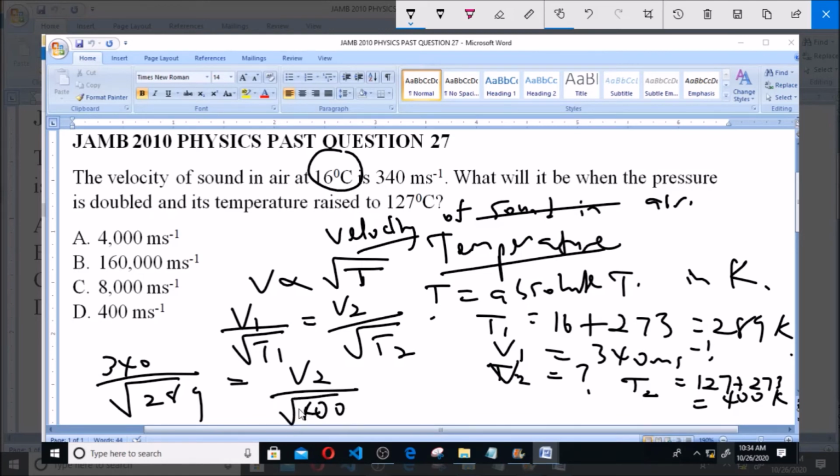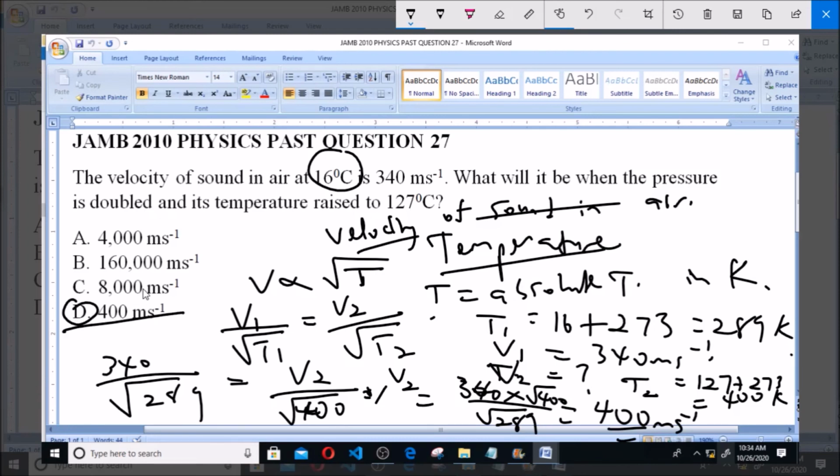If you make V2 the subject of the formula, V2 is equal to 340 multiplied by root 400 over root 289. If you solve this, what you will get is 400 meters per second, and 400 meters per second is option D. So D is the correct answer to this question.